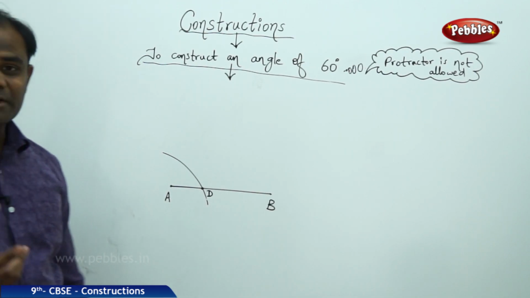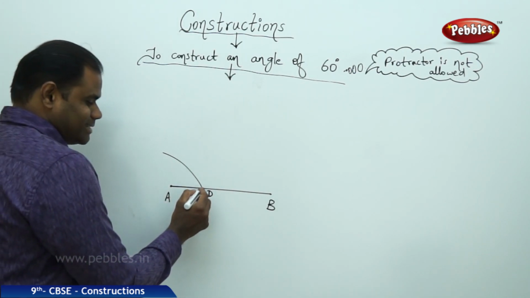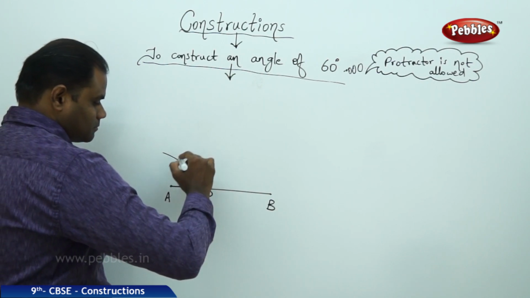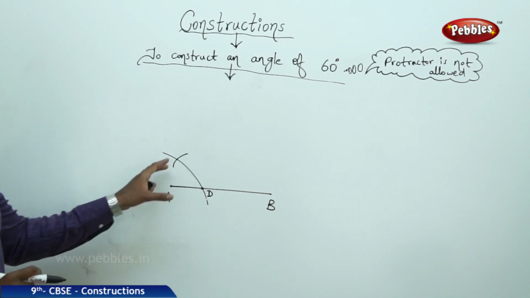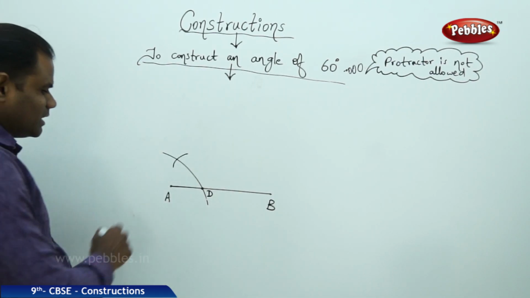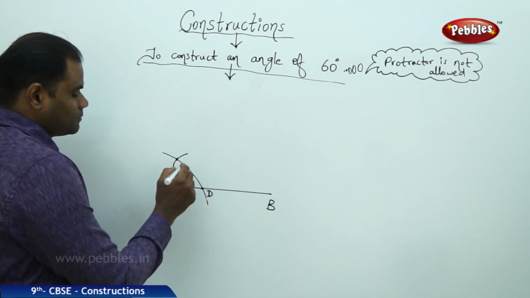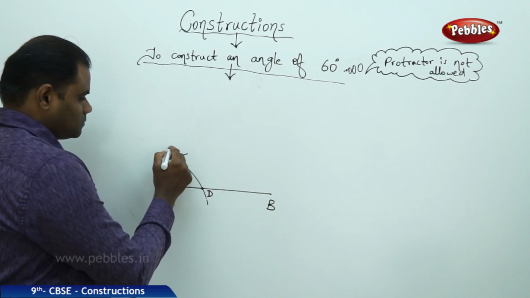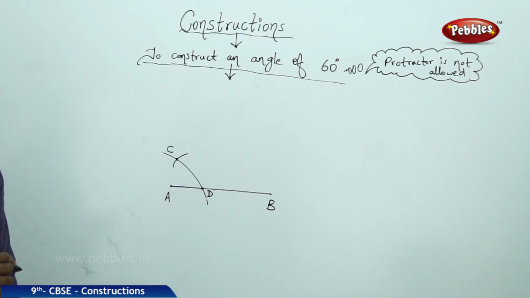Now with the same radius, without disturbing the compass, I put the pointer at D and cut with the same radius. So with the pointer at D, I cut with the same radius, and the new arc which is formed clearly cuts the old arc at this point, say C. So here I have a point C where the new arc cuts.